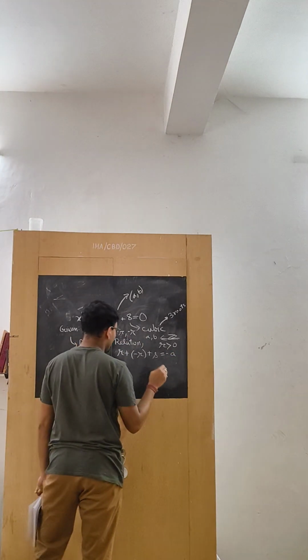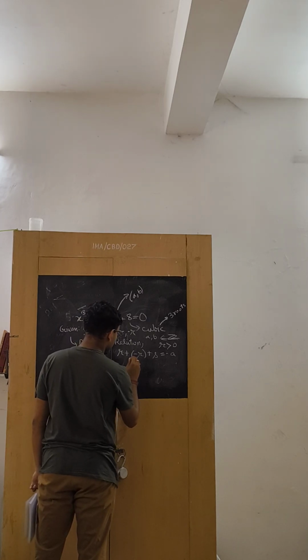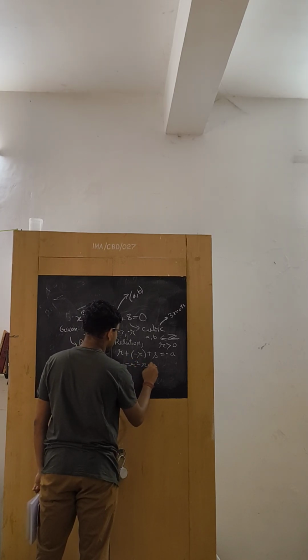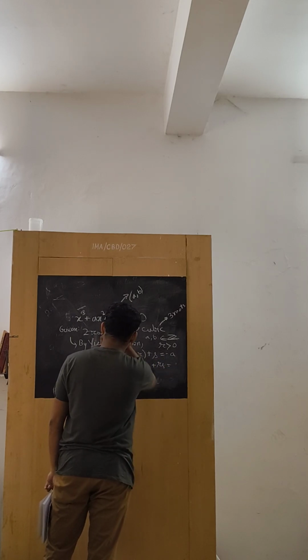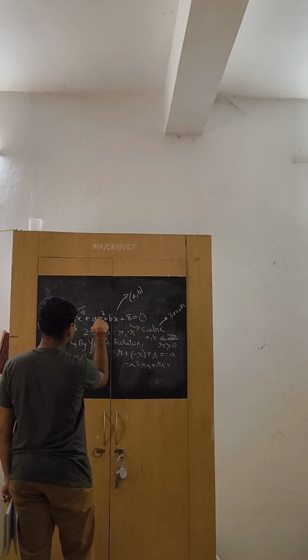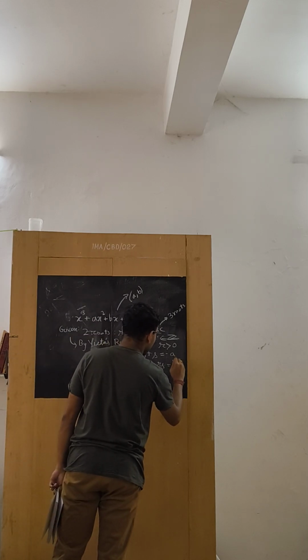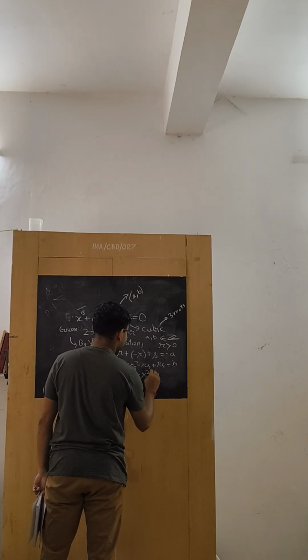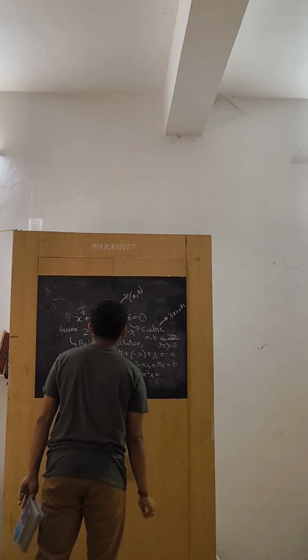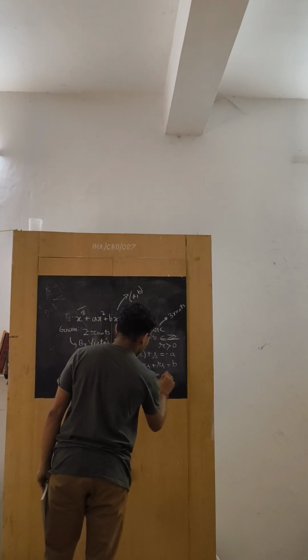The product of the roots taken two at a time, which is minus r square minus rs plus rs, is c by a, which is b by 1, which is b. And the product of the roots, that is minus r square s, is minus d by a, which is minus 8.